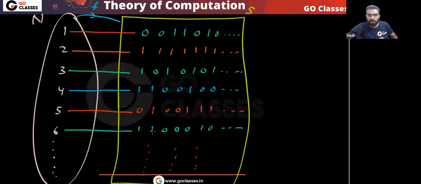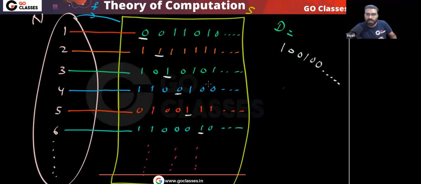And what is this proof called? This proof is called Cantor's diagonalization proof, because what we are doing here is going diagonally. Here you have 0, so I will put 1. Here you have 1, so I will put 0. Here you have 1, so I put 0. Here you have 0, I put 1. Here you have 1, I put 0. Here you have 1, I put 0.